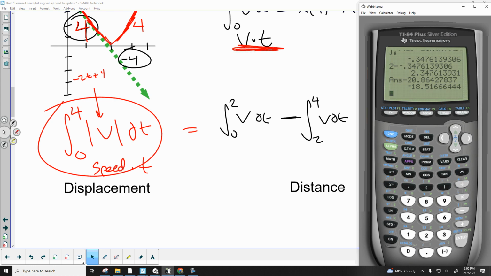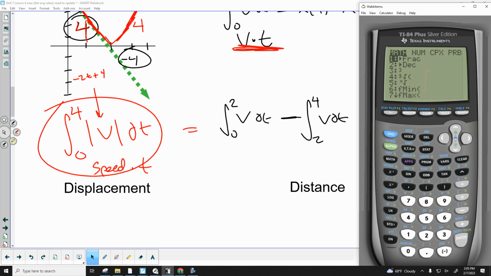Negative 2t plus 4. All right, now we go 0 to 4. We go math. Go over.